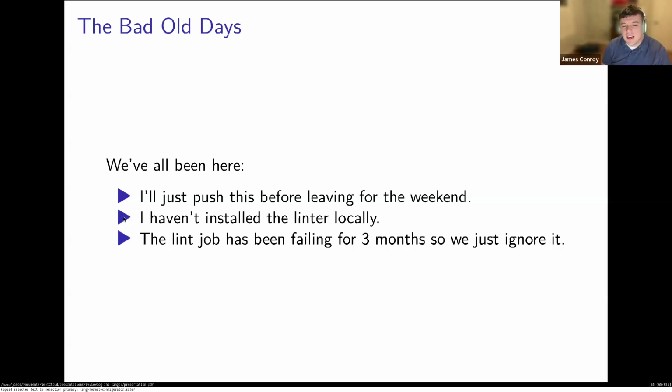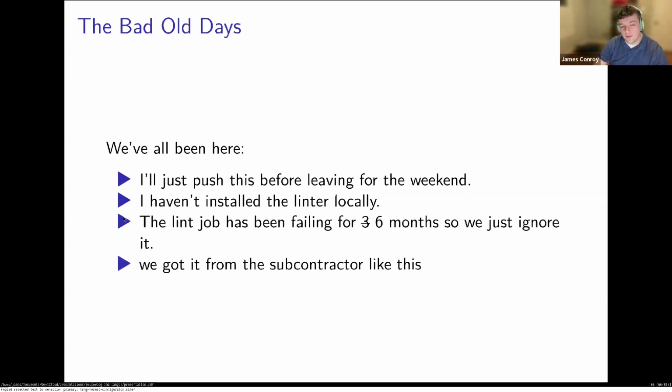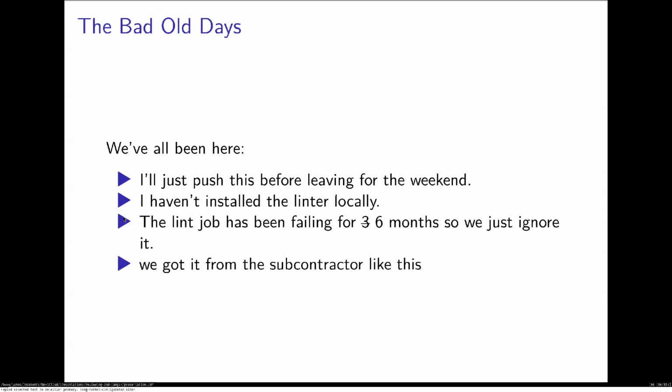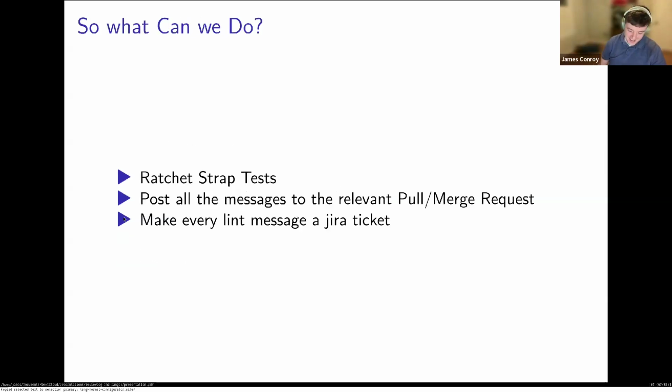The lint job's been failing for 3 months, so we all just ignore it. Or my personal favorite, we got it from the subcontractor like this, and we aren't getting paid enough to fix all their crap. Have you been listening in on our code review meetings at work? Oh, yeah, no, I've been living those.